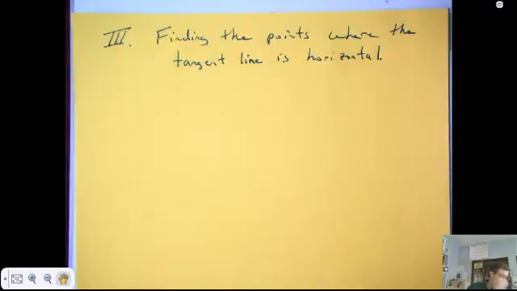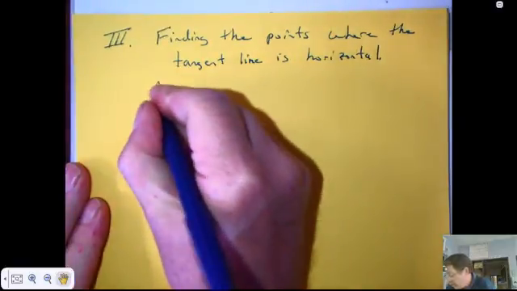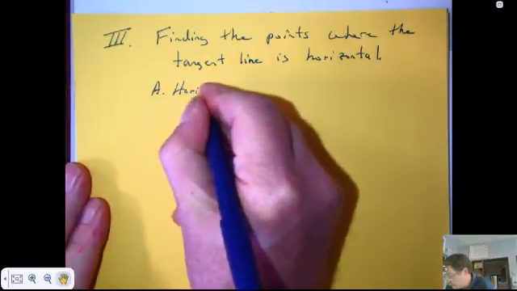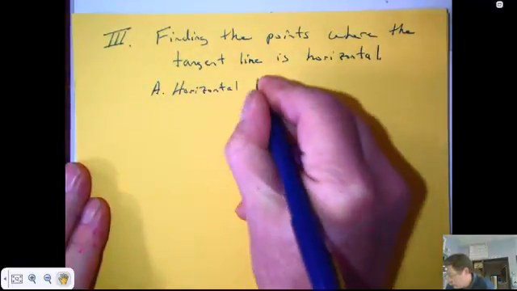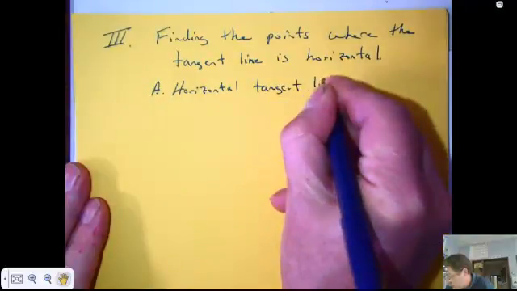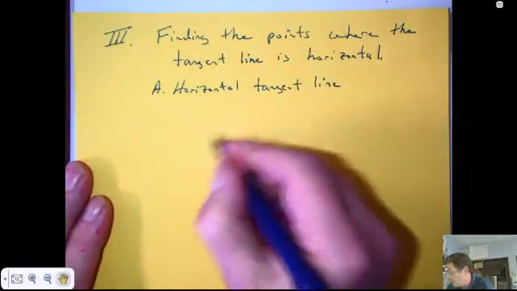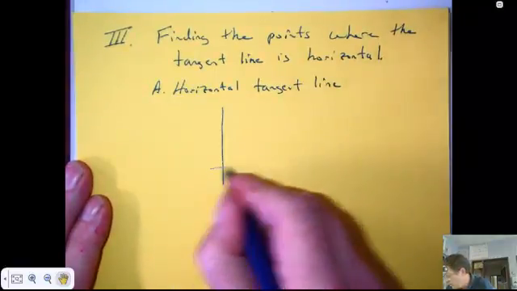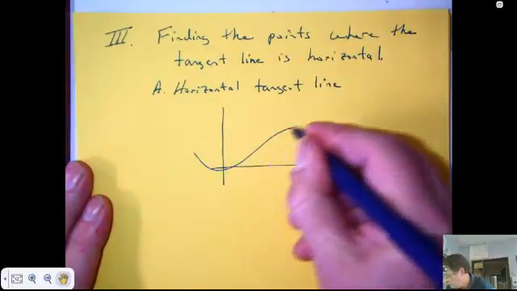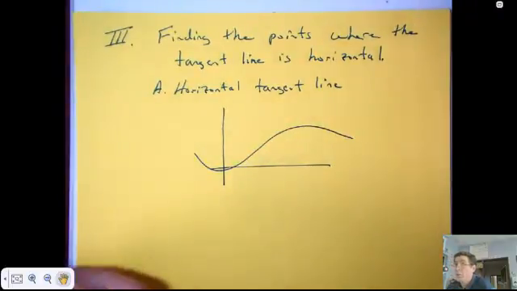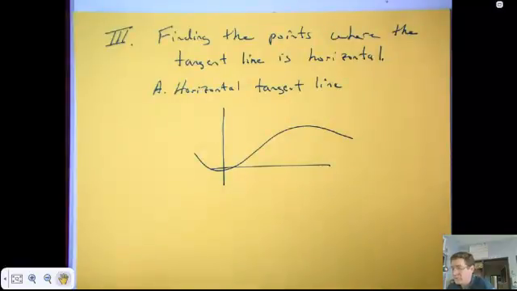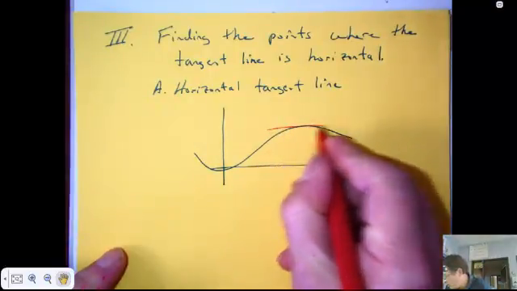I guess the first thing is, if it's a horizontal tangent line, what does that mean? What would that mean for a tangent line to be horizontal? If I got some graph, where's the tangent line horizontal? Right, in fact, it would be right here, right?